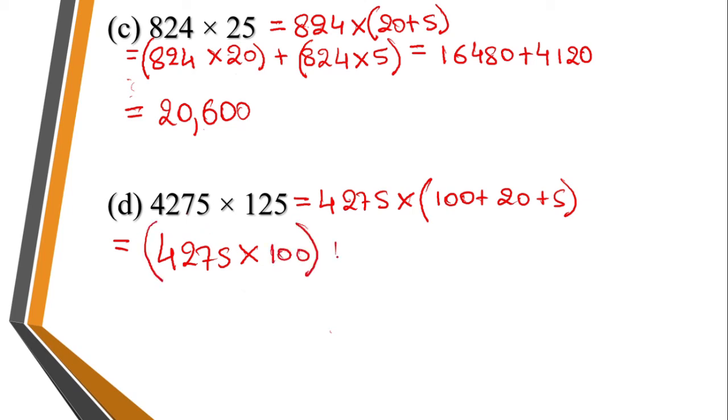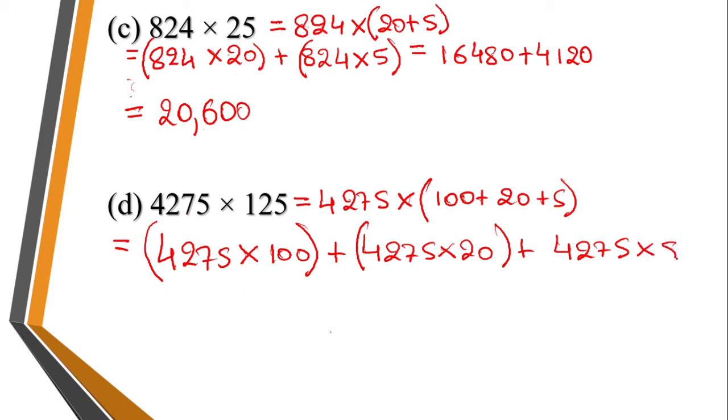Plus 4275 is getting multiplied with 20, right, plus 4275 into 5. So here first we should multiply 4275 by 100 and 20 and 5.